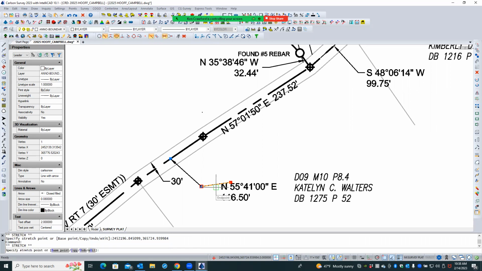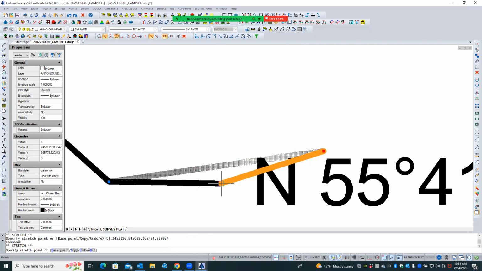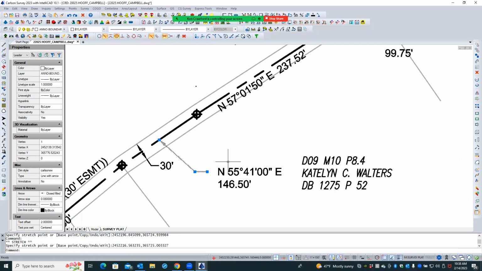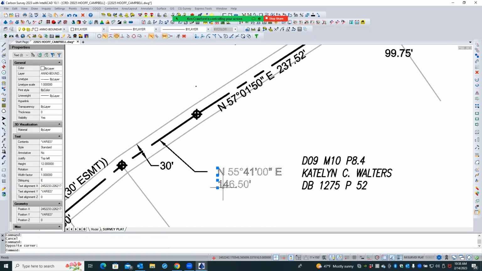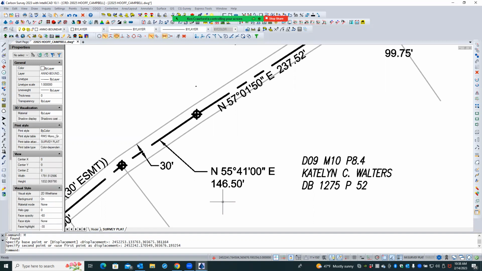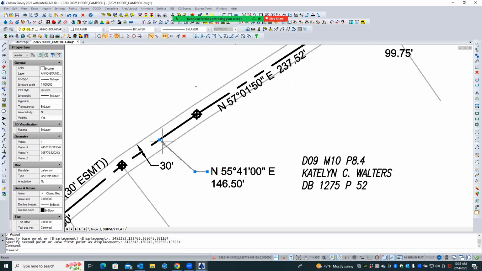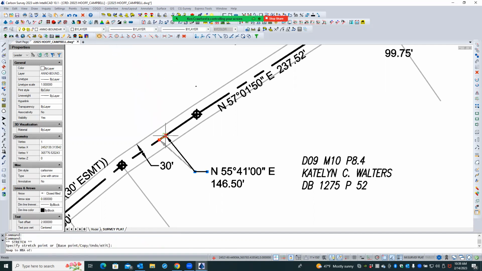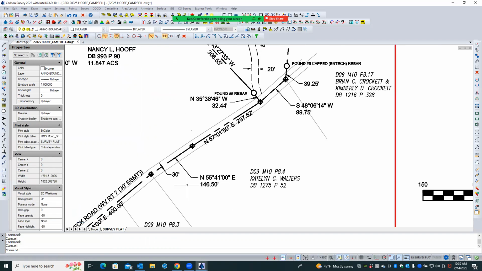Let's see here. So there you go. See how that's sort of visually at that same angle?